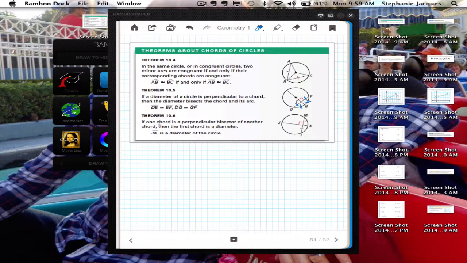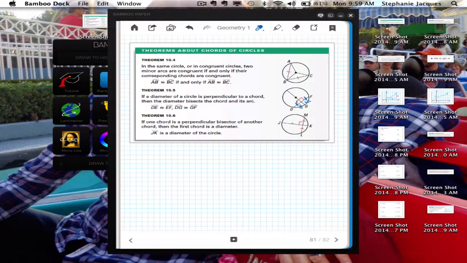Theorem 10.6: if one chord is a perpendicular bisector of another chord, so we have this chord and this chord. They aren't indicating that it went through the center, so by the picture it wouldn't look like the diameter. But according to the theorem, if you read it, then the first chord is the diameter.